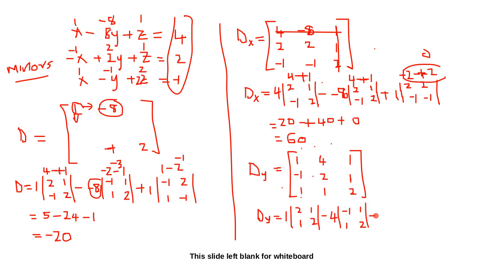Then plus the next element is 1, the 1 there. So this one is appearing in row 1, column 3. So we delete them. So what we'll have is negative 1, 1, 2, 1.